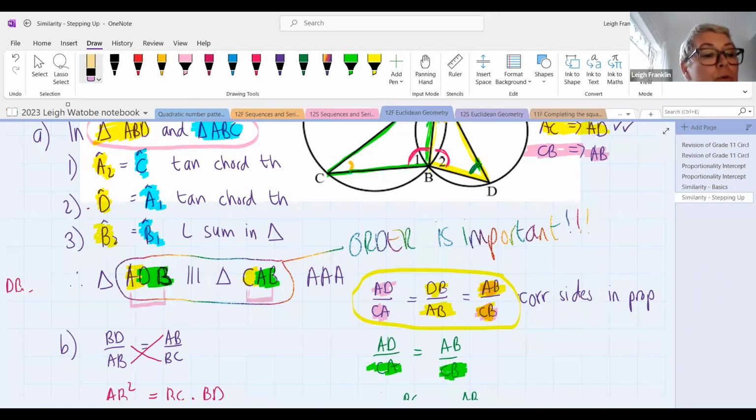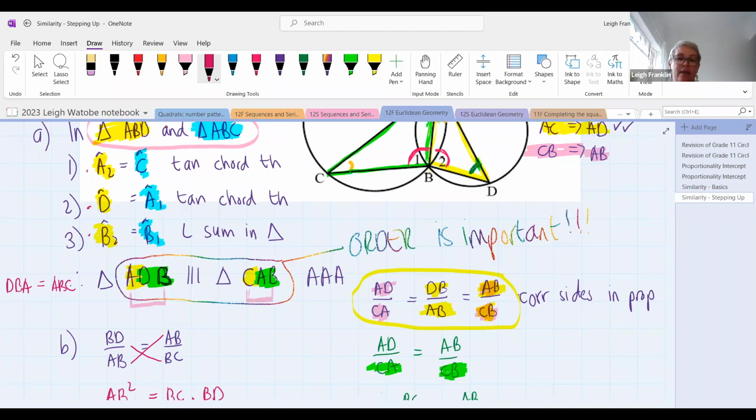let's change that quickly. If I go DBA, here I went D first, then B, then A. I've got to do the same thing on this side. So I've got to go A first, because A goes with D, B goes with B, and A goes with C. It doesn't matter which sequence you write it, as long as the sequences match.